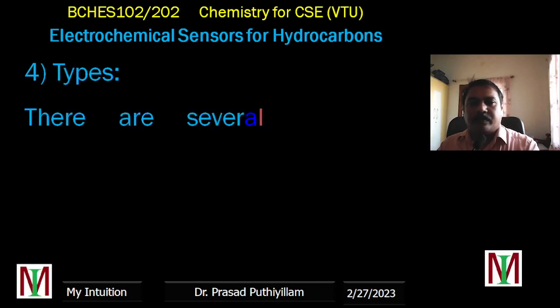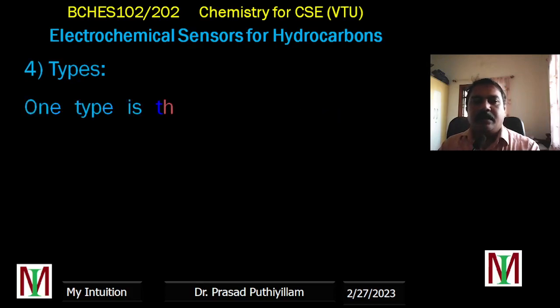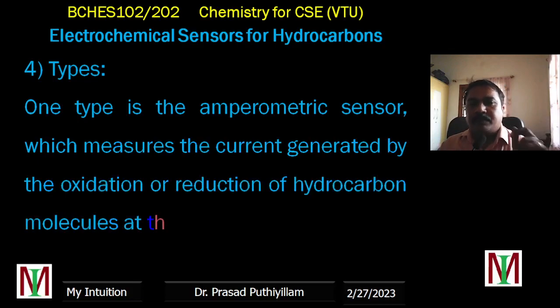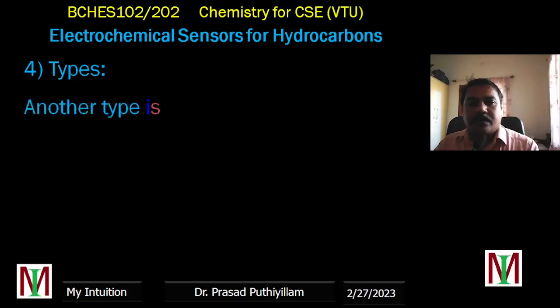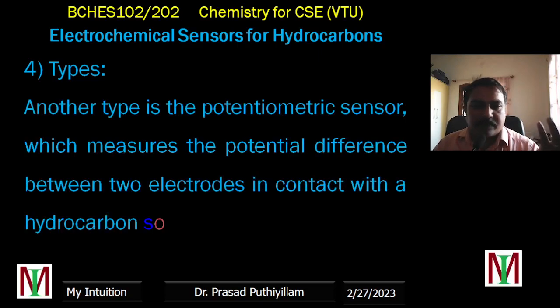Different types of sensors are used. There are several types of electrochemical sensors commonly used for hydrocarbon detection. One type is the amperometric sensor, which we have already seen, which measures the current generated by the oxidation or reduction of hydrocarbon molecules at the electrode surface. Another type is the potentiometric sensor, which measures the potential difference between two electrodes in contact with the hydrocarbon solution.